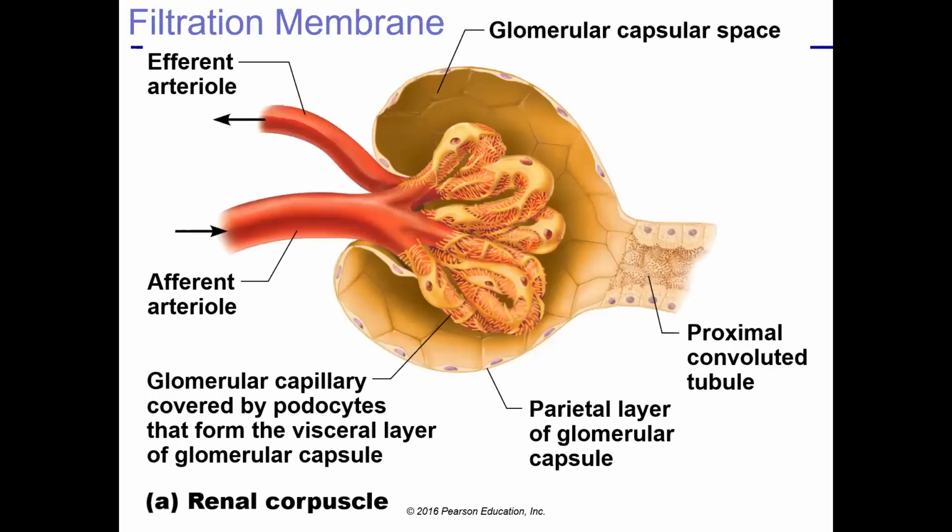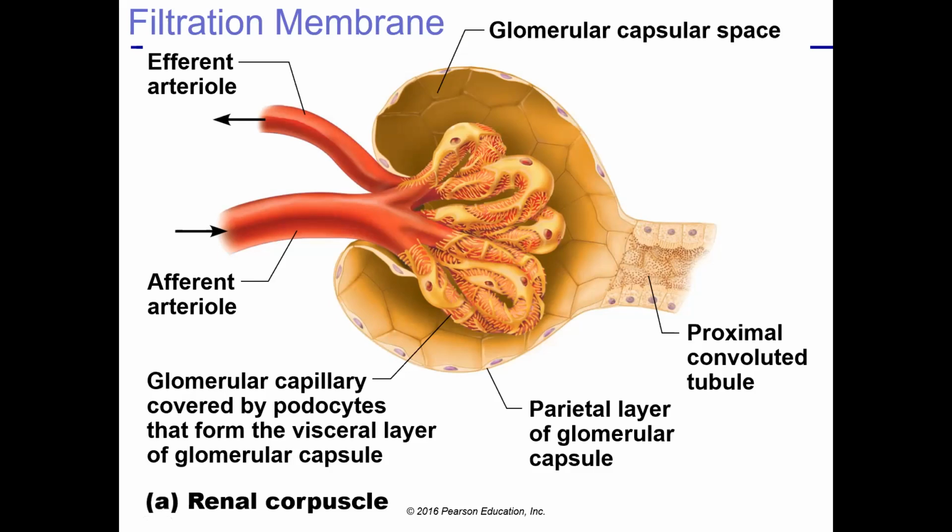So here's our glomerulus and our Bowman's capsule. The afferent arteriole is over here. You can see it's a larger diameter arteriole. It has greater pressure in here, maybe 60 millimeters of mercury.